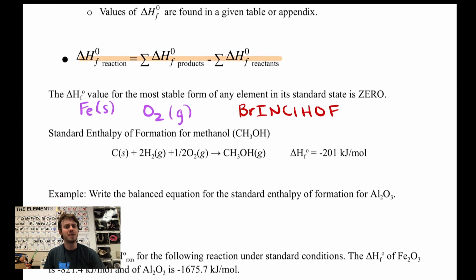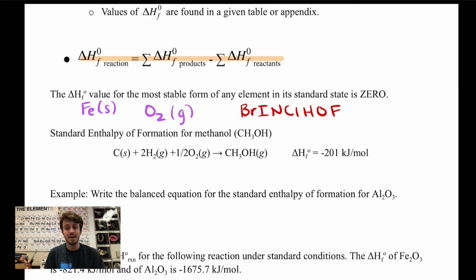Okay, so here is the standard enthalpy of formation for methanol. What you'll notice is that methanol is the product. You'll also notice that there's only 1 mole of methanol. That's incredibly important. It has to be 1 mole for it to be a standard enthalpy of formation. And then you notice that this is in its standard form, this is in its standard form, and this is also an element in its standard form.